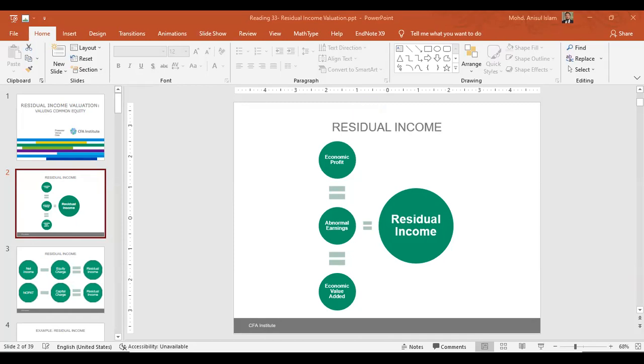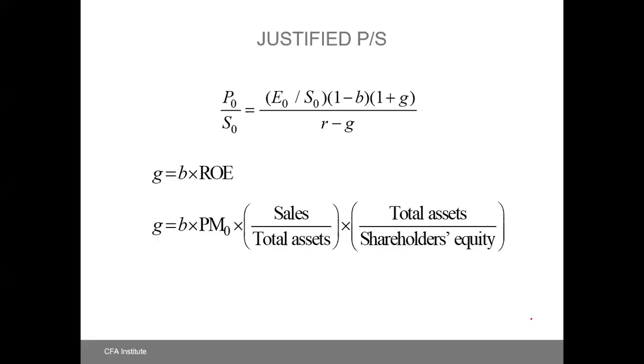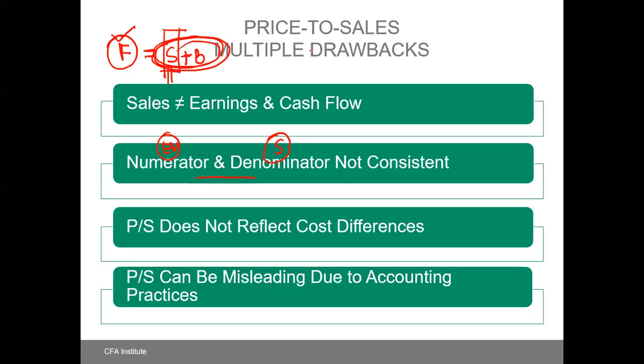What do you watch on the screen? Okay. Can you watch the screen where I'm showing the price to sales multiple drawbacks now? Is it now okay?